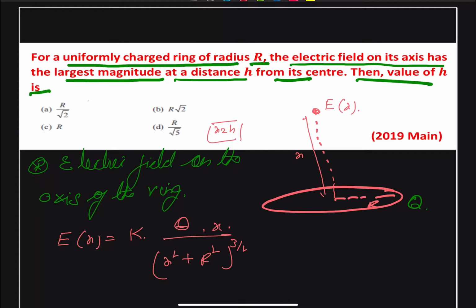And it is given that the maximum value of E of x is when x is equal to h.